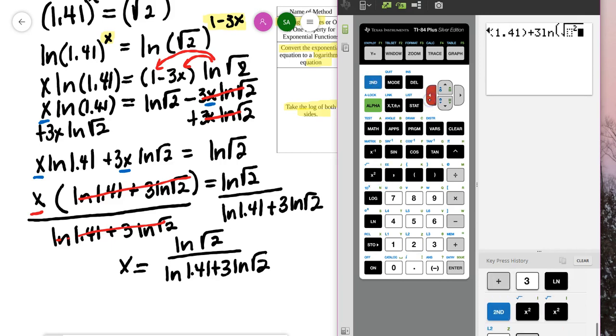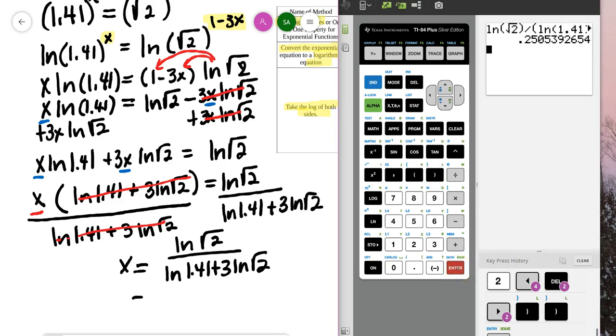Oops, let me back up there and delete a few things. Okay, there we go. Natural log square root of 2, close parenthesis for the log, close parenthesis for the whole denominator. And to round that to 4 decimal places would be 0.2505.